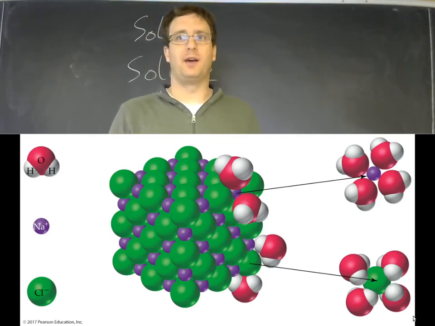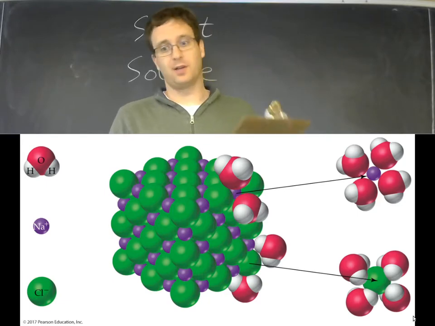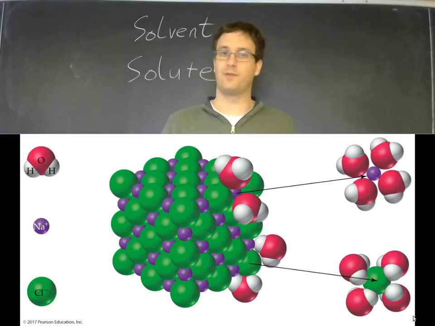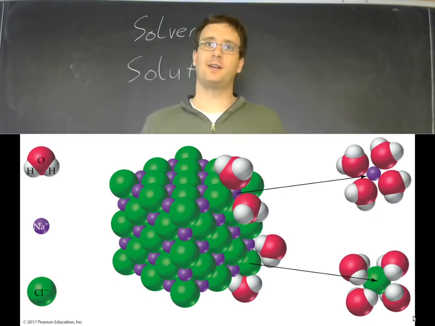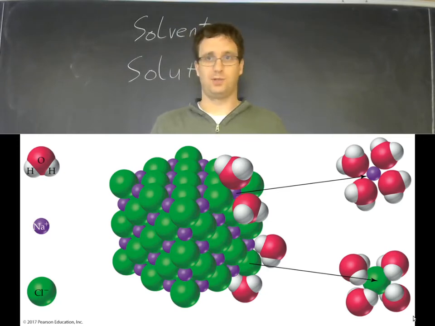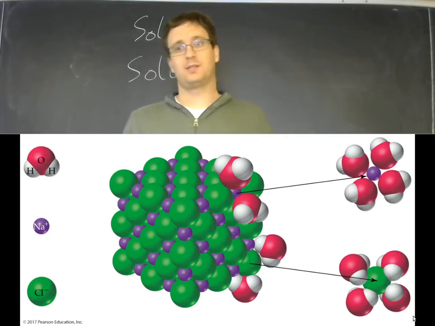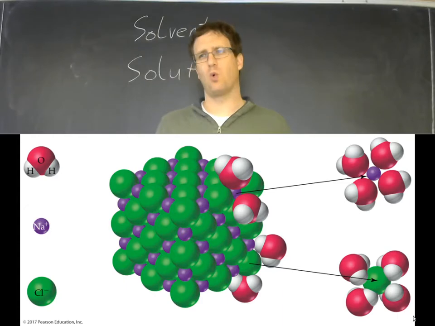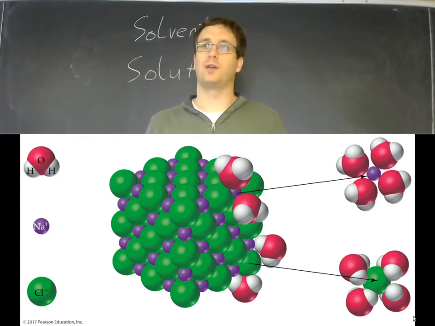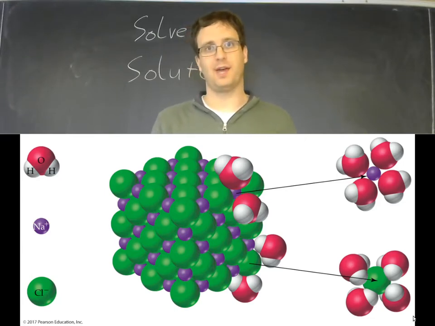But they will dissolve readily in water, or at least many of them will. And so this rule of thumb of like dissolves like is really useful for predicting whether you want to use an aqueous solvent or a polar solvent that's not quite as strongly polarized as water, or if you want an outright non-polar solvent like hexane or something like that.